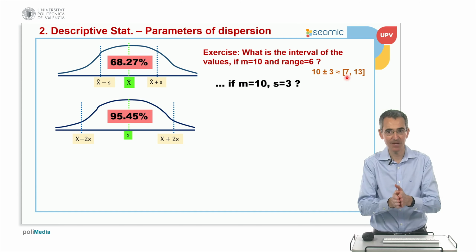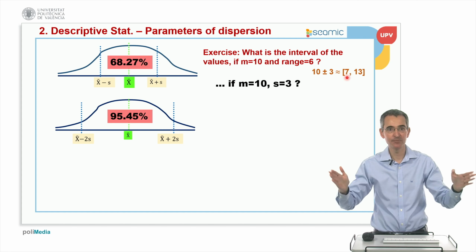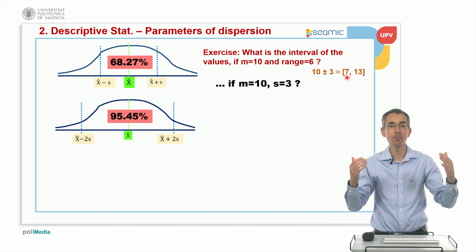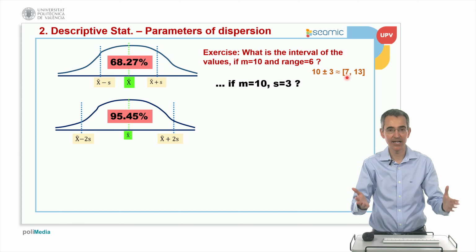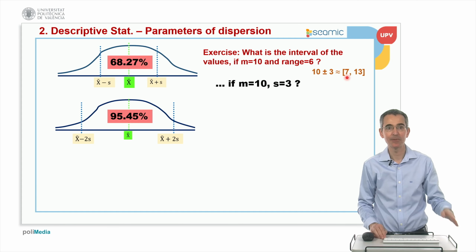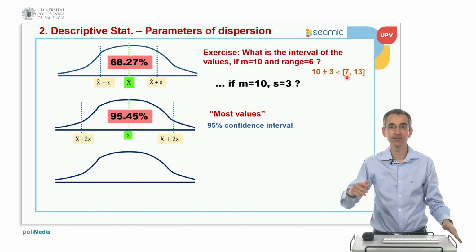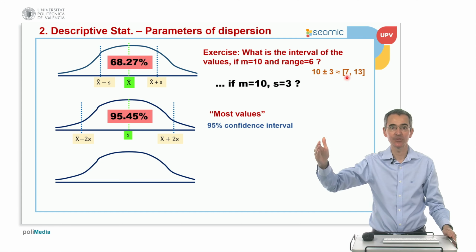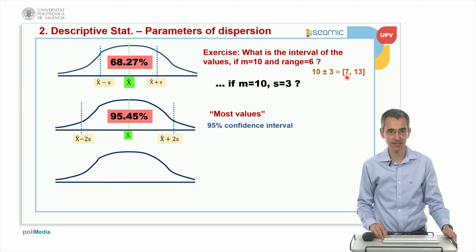The average plus minus 2 times the standard deviation corresponds to 95% of the values, which is most of them. In statistics, when we talk about most of the values, in many cases we talk about 95% or 99%. For example, later we will talk about the 95% confidence interval. It is very used in statistics.